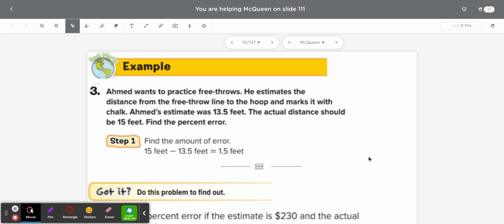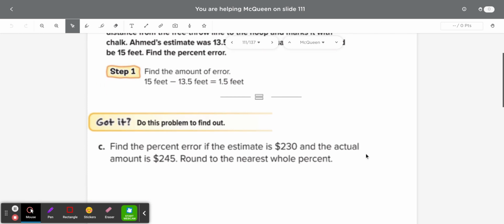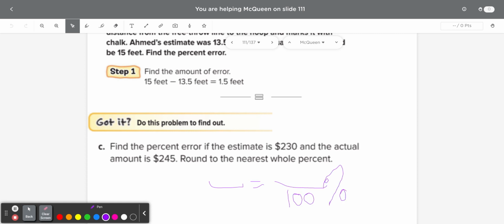All right. So looking at the rest of these, the main idea here is that you are going to set these up as a proportion every single time. 100% will always be on your percent side. Your original amount or the actual amount will always be on the bottom next to the 100. So if the estimate was 230 and the actual amount is 245, 245 goes on the bottom.